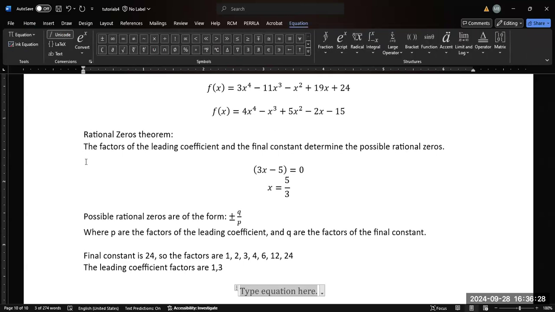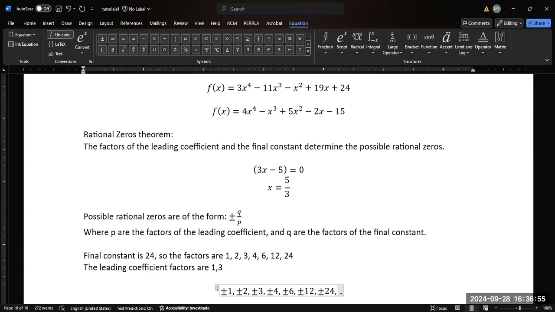So the possible rational zeros are going to be plus and minus 1, plus and minus 2, plus and minus 3. So in each case, we're dividing each one of the constant factors by 1: 4, plus and minus 6, plus and minus 12, plus and minus 24.